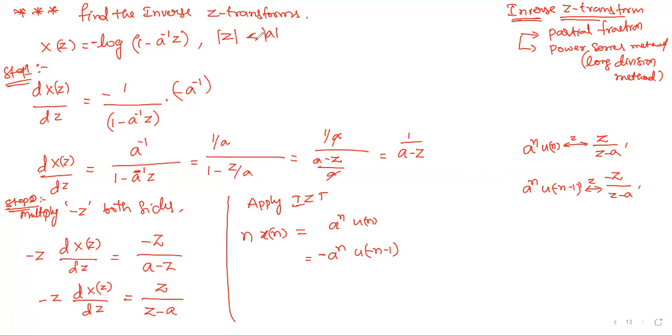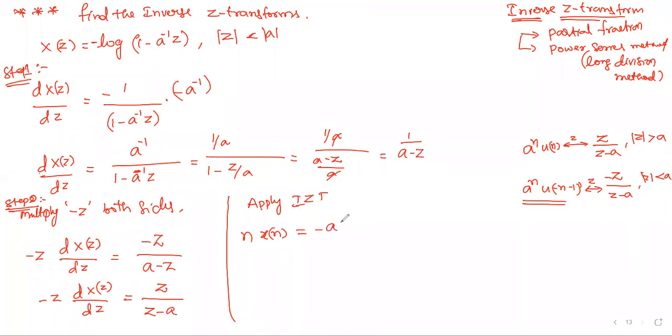Whenever you see less than, it means left sided; greater than means right sided. So which one do we need to use here? The second one, because we need to select from the ROC, whatever ROC they gave. From that we need to write this carefully.